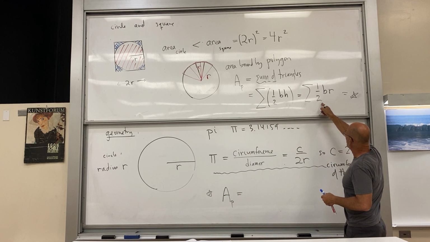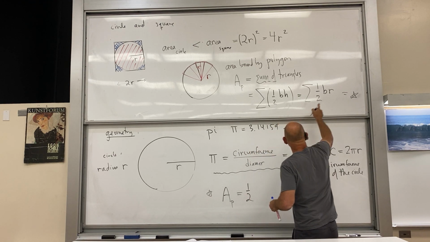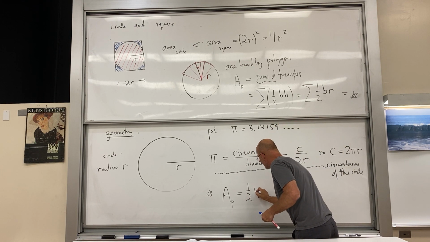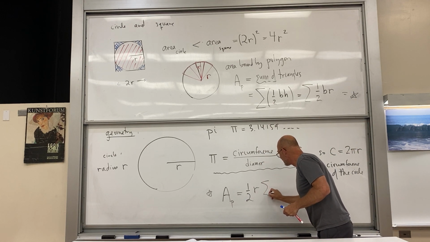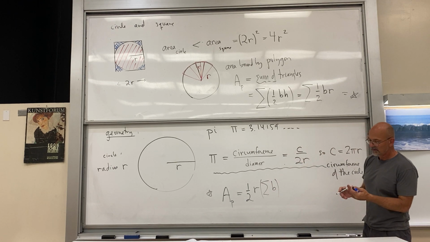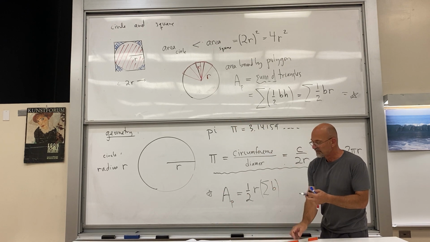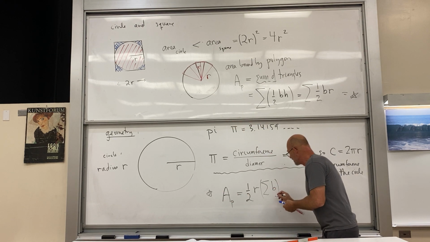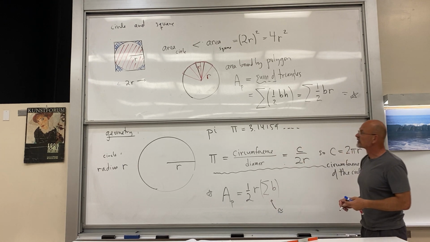Now, the 1/2 is a constant, it can come out, and the r is constant for the circle, so it comes out. So it's now the sum of the bases of all of those triangles that go around the entire circle. But the sum of those bases is approximately equal to the circumference.